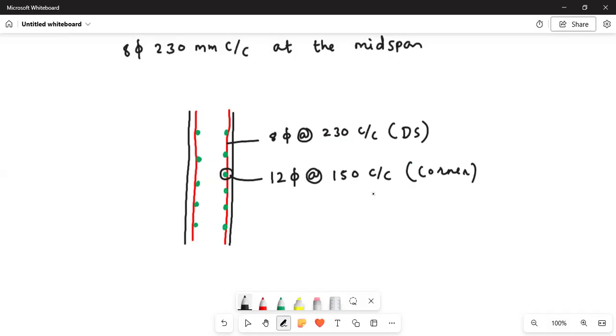And this is the reinforcement for the positive bending moment in the side wall, and you are getting it as 10 mm bar at the rate of 260 center to center. You can check the design.